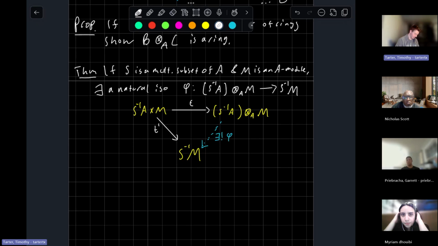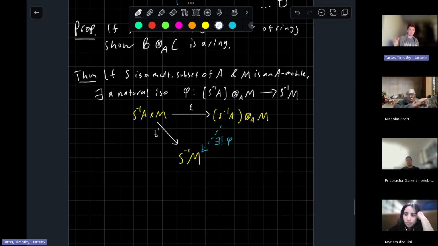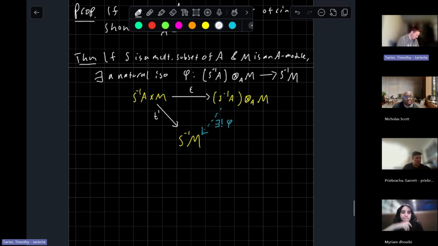Boom. Am I cooking or am I cooking? All right, I think that is essentially what we need to show, is that this diagram commutes. Yeah, that's definitely what we need to show, is that this diagram commutes.